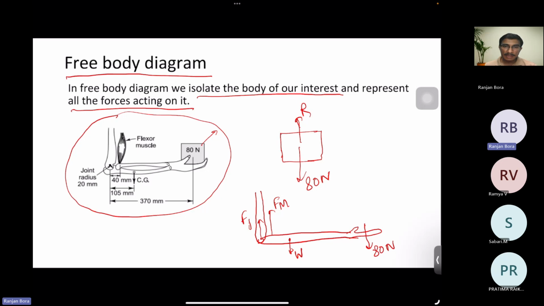Is there any doubt here? Is it clear how to draw the free body diagram?